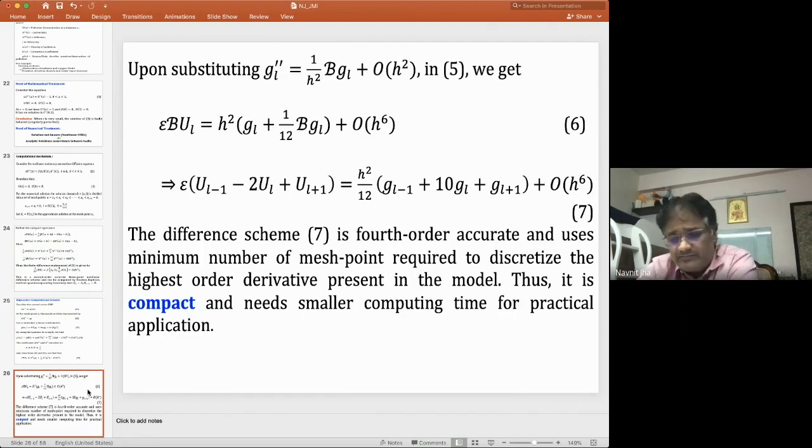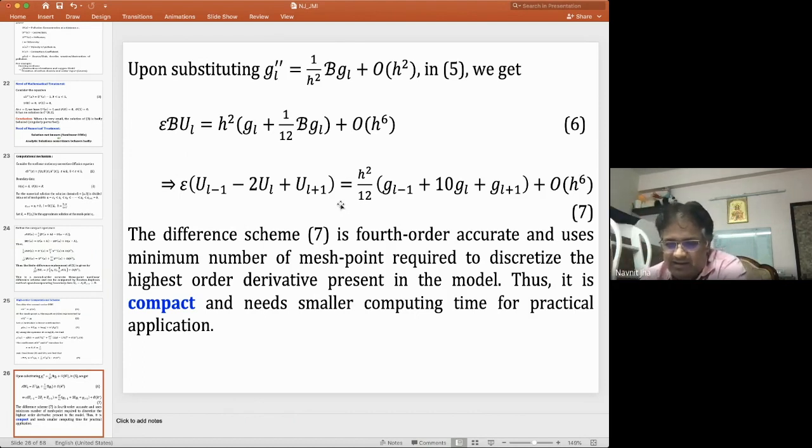Now, equation 7 is giving us many things. Listen, what happens? It involves only three nodes, L minus 1, L, and L plus 1. So when we write it in the matrix form, only three diagonals will appear.